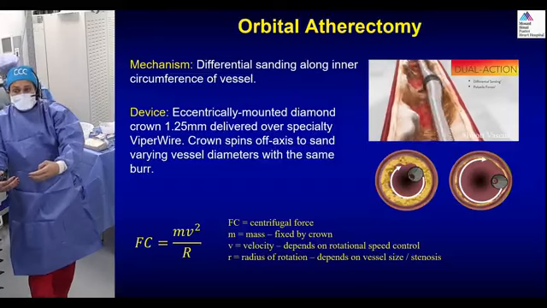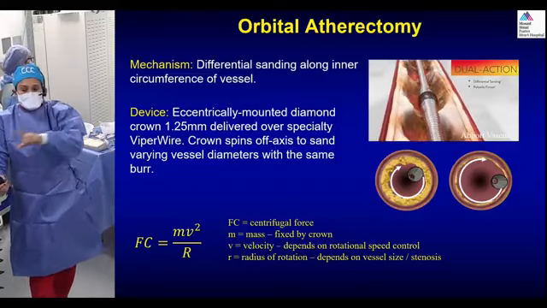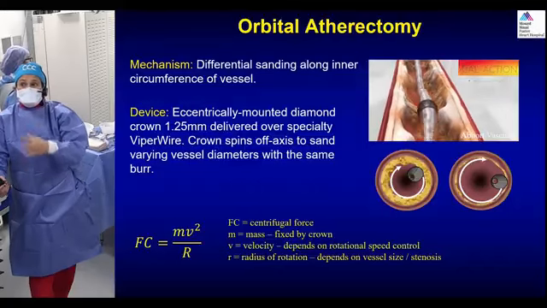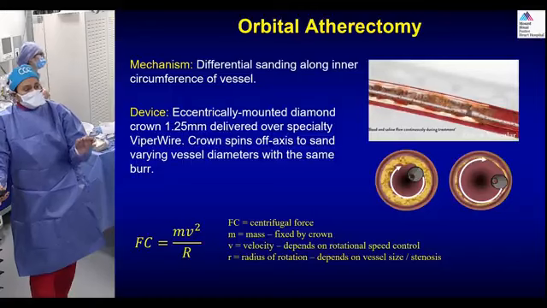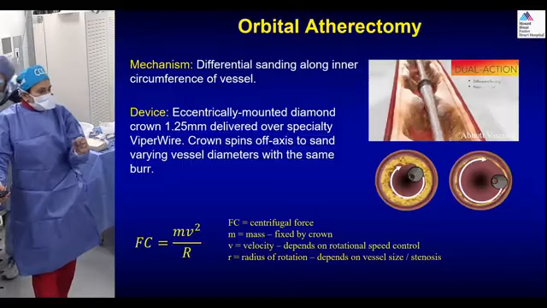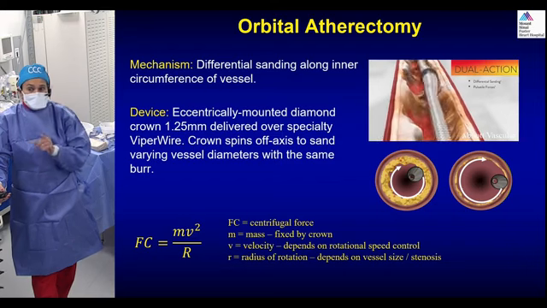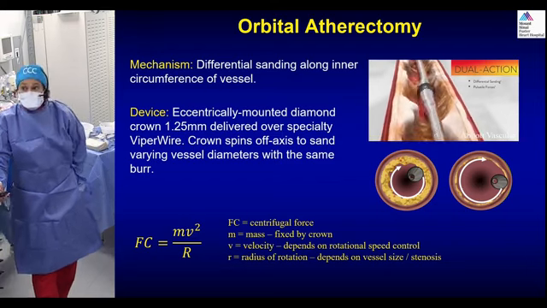So if your radius becomes smaller, low speed may be okay. To reach the vessel wall you need a higher speed. If you go at 40,000 RPM, orbital may not be the way to go. You need a certain speed for that mass and velocity to rotate and work.